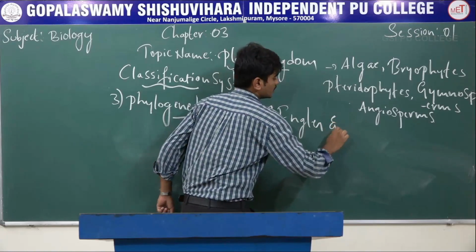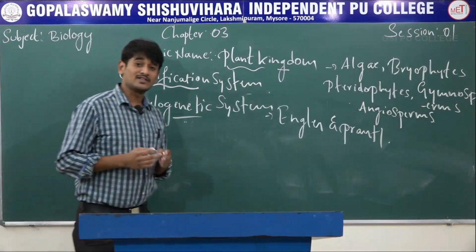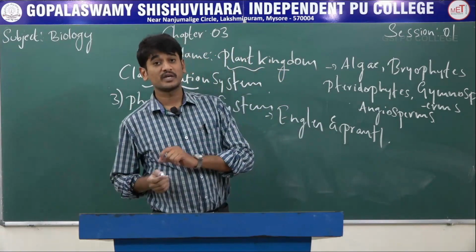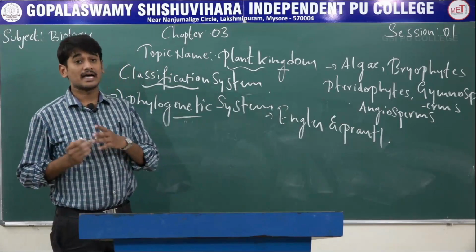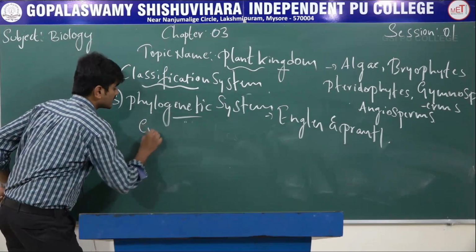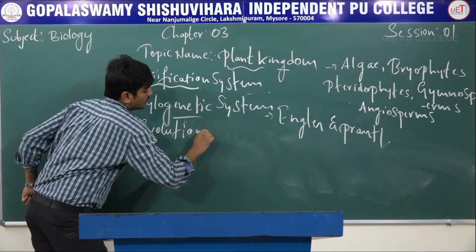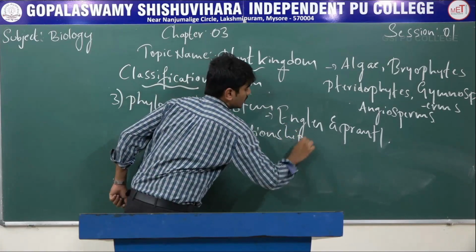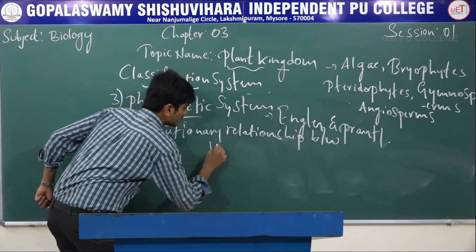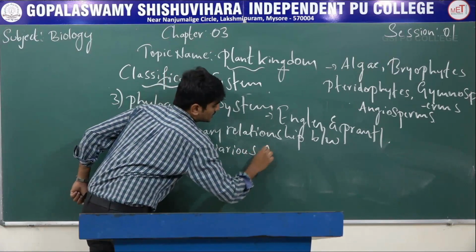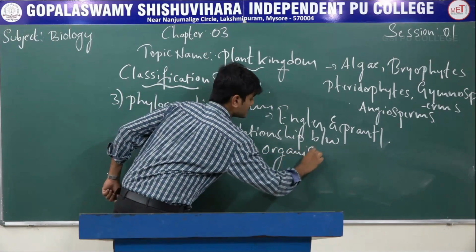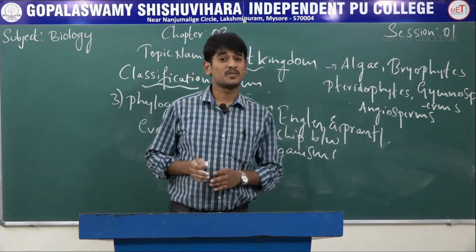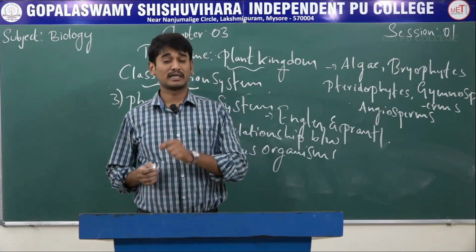It is mainly based on evolutionary relationship between various organisms, and it is acceptable, and they assume that organisms belonging to the same taxa have a common ancestor.